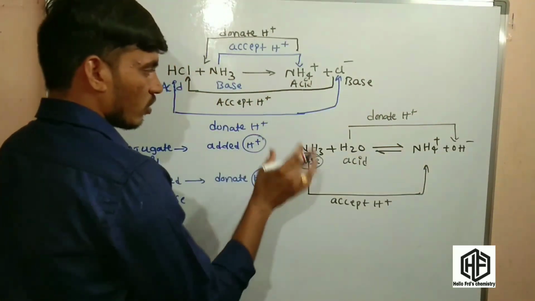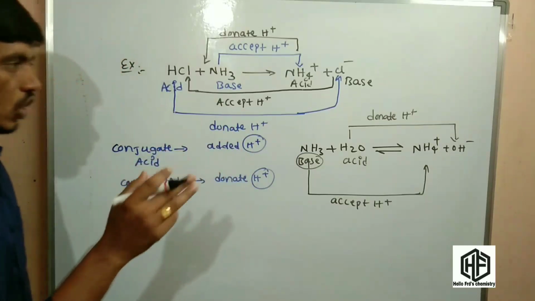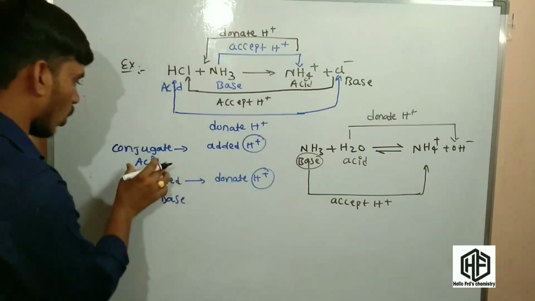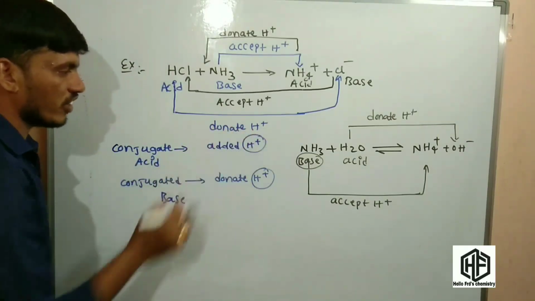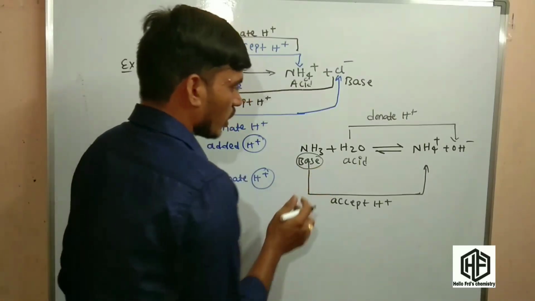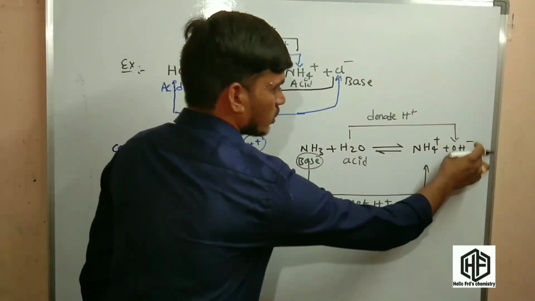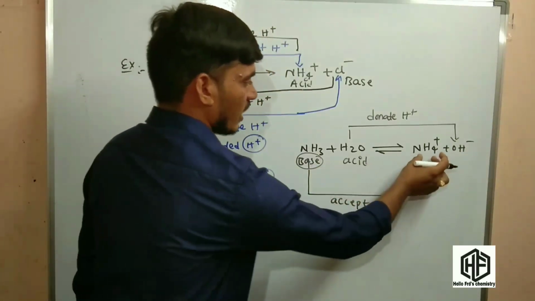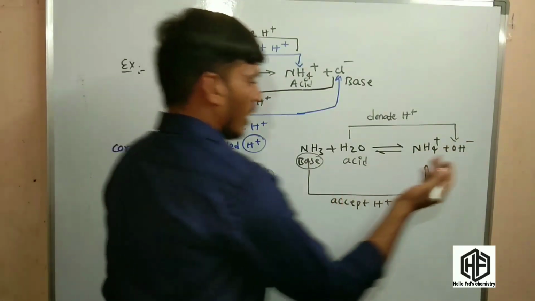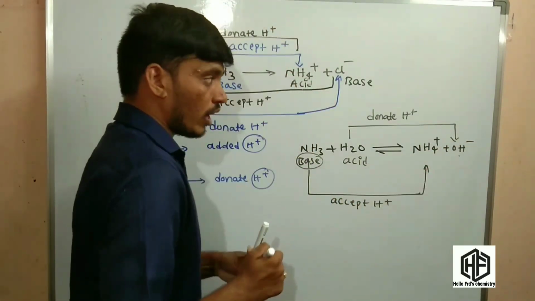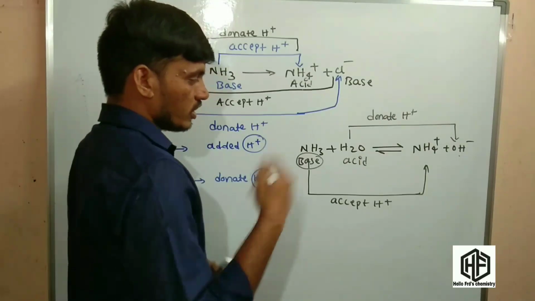Now I am going to talk about the conjugate base and conjugate acid. The conjugate acid is the one formed by adding H plus. In this direction, OH minus ions and NH4 plus are present. In the back direction, I represent them with this color.